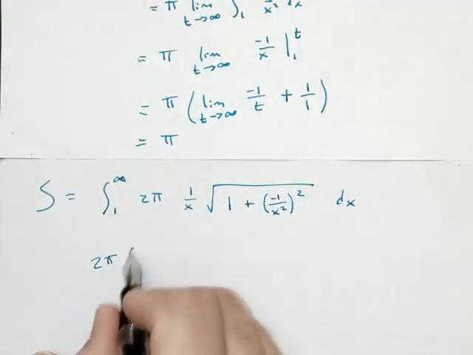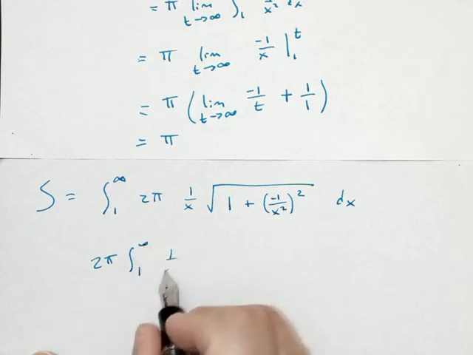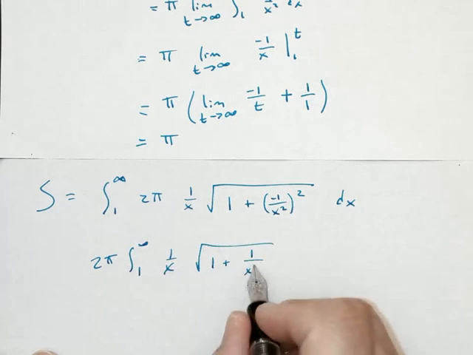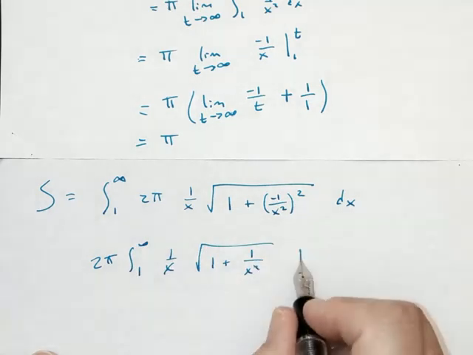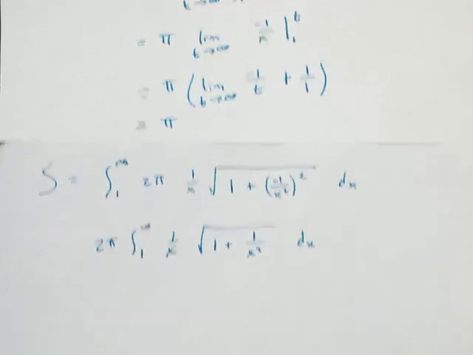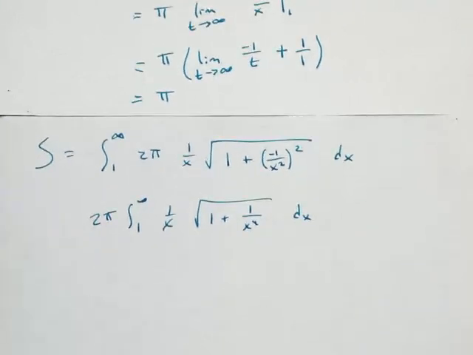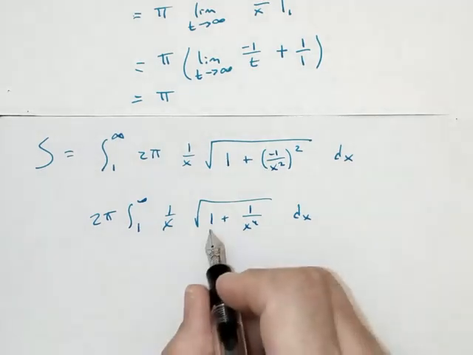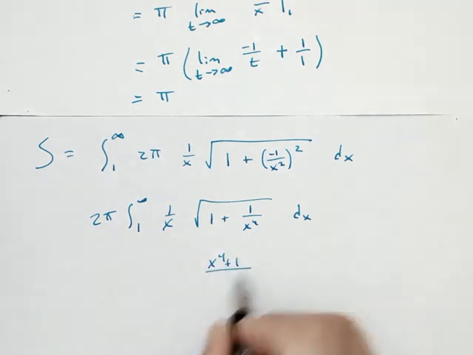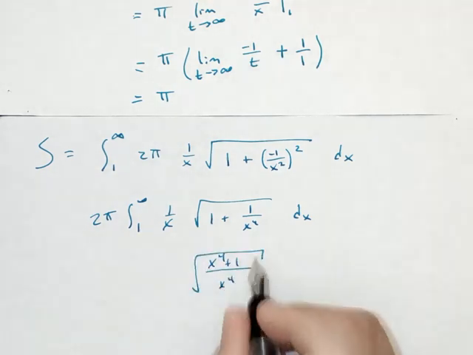So that's going to be one over x to the 4th. Oh, this is nasty looking. Let's do what Leo suggested the previous one. Let's make a common denominator. So that'll make that x to the 4th over x to the 4th, x to the 4th plus 1 all over x to the 4th.